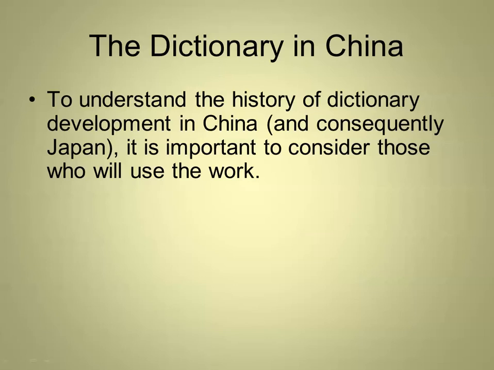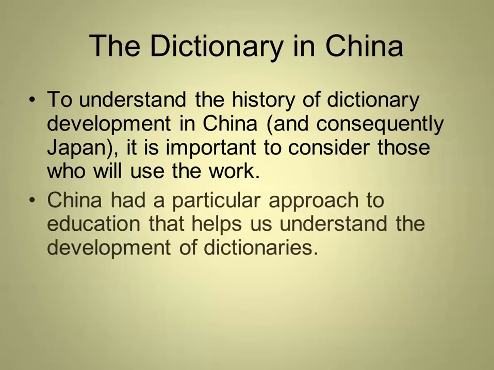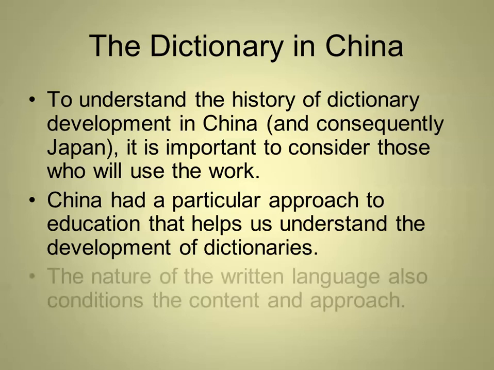Why is the dictionary being compiled? Who's going to use it? And what are they going to use it for? To answer that question, we will look to the educational system. Traditional China had a particular approach to education, and if we understand that approach, we'll understand the development of dictionaries and the structure of early dictionaries.